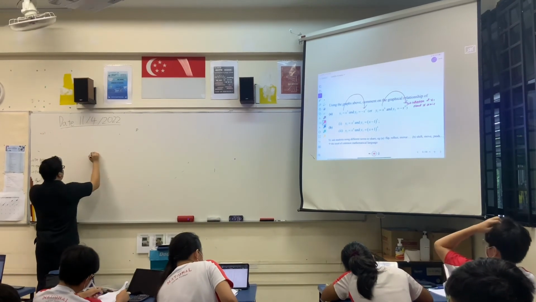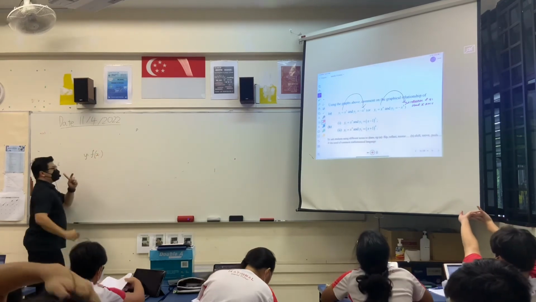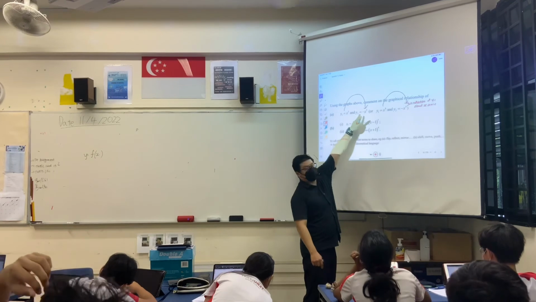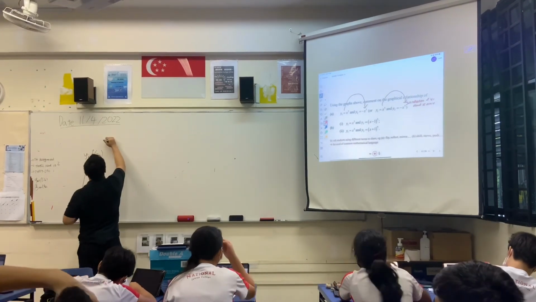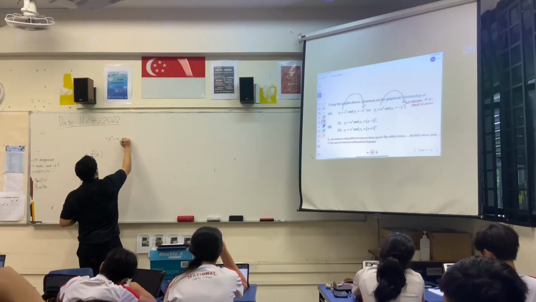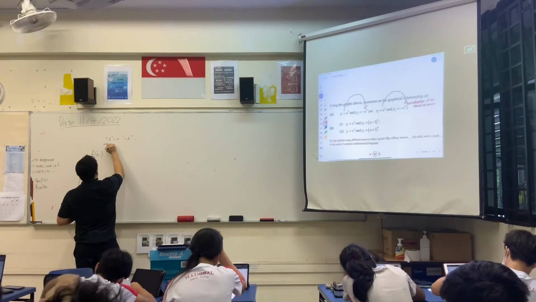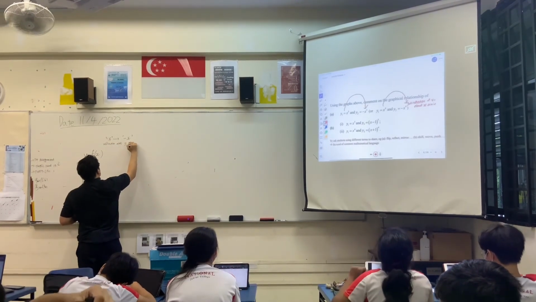In general, if you have y equals f of x, from here to here I'm replacing x with negative x. When I replace x with negative x, this is actually a reflection about the y-axis.